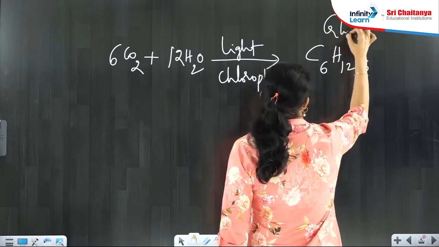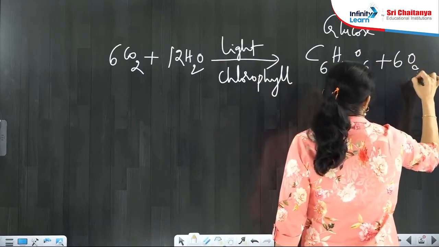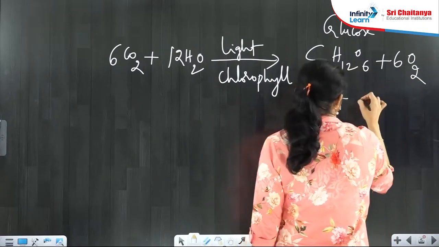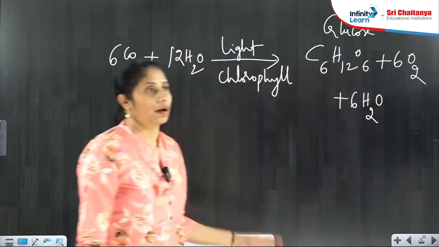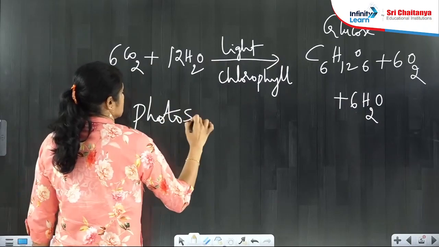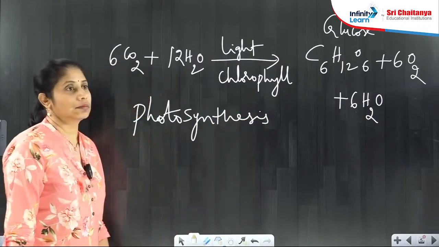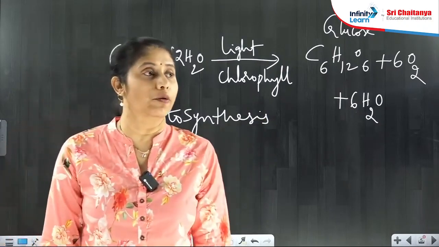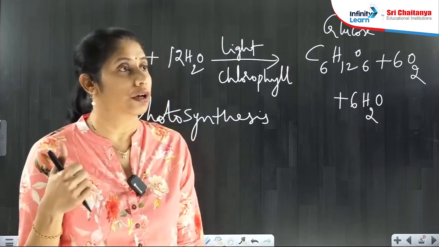This is glucose, and it yields 6 oxygen molecules and 6 water. This reaction is called the photosynthesis reaction. So chloroplasts are involved in this. I hope all of you understood now.